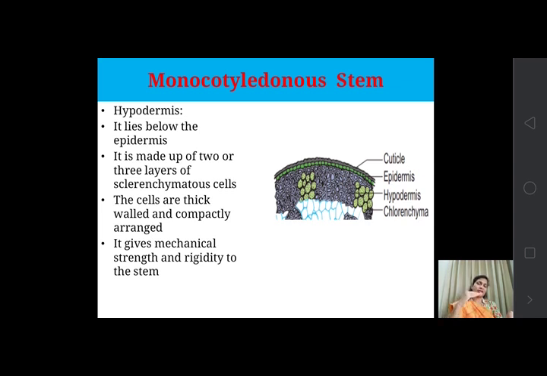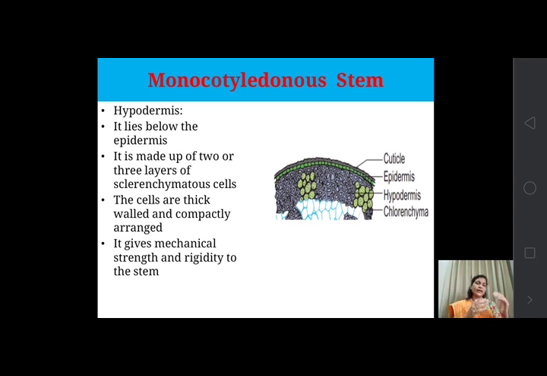So multi-layered, that is 2, 3 or 4 to 5 layered sclerenchymatous tissues are present just inside the epidermal layer. This region of cortex, which contains the sclerenchymatous tissues, is known as the hypodermis.